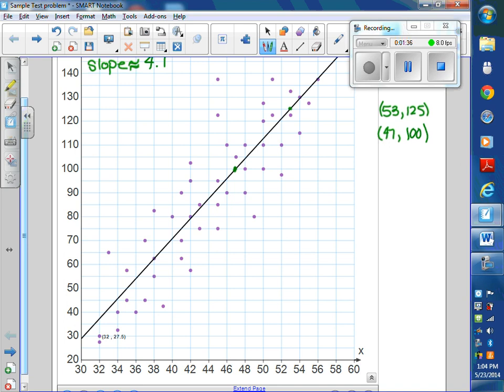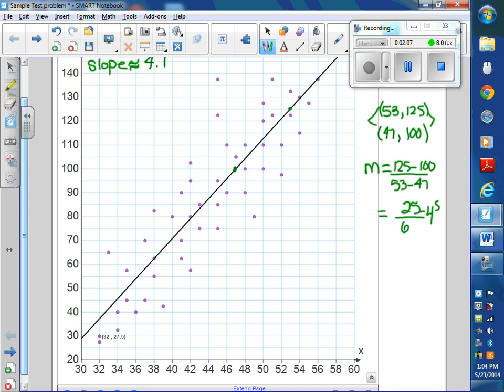So your slope then would be rise over run. So subtract 125 and 100 and divide that by the difference of 53 and 47. So that gives you 25 over 6. Okay, and so that's 4 and 5, 6, right?